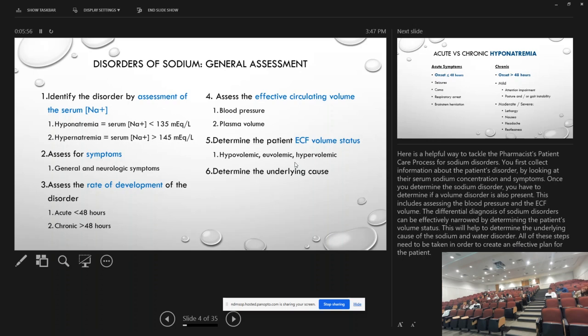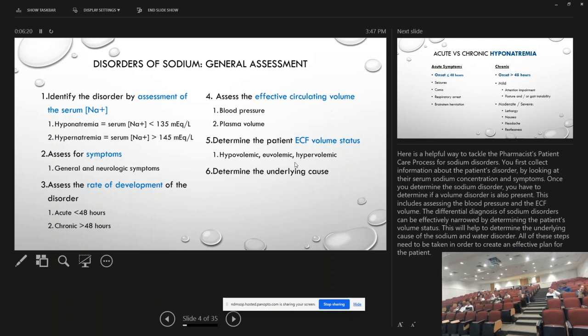Then you want to treat the patient more rapidly. So use that as a rule of thumb on how aggressive you're changing the sodium level, whether it's hypernatremia or hyponatremia. So the time period, if you can identify from normal to whatever the patient presents with, you use that as a rough guide.